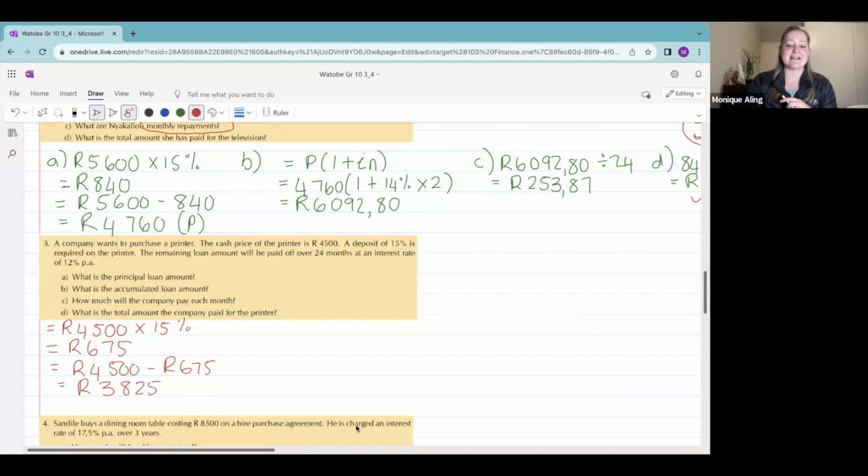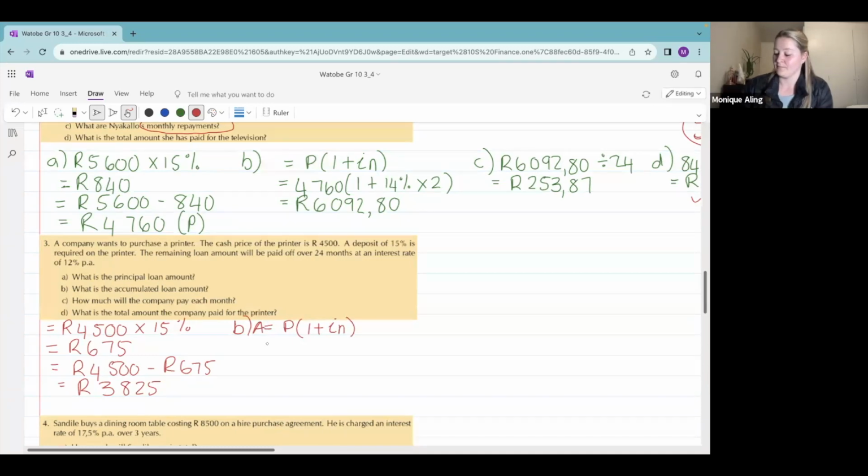Who wants to tell us? Me, ma'am. Yes, good to hear from you. How do we do B? We start by writing the formula, which is A equals P bracket 1 plus i times n.